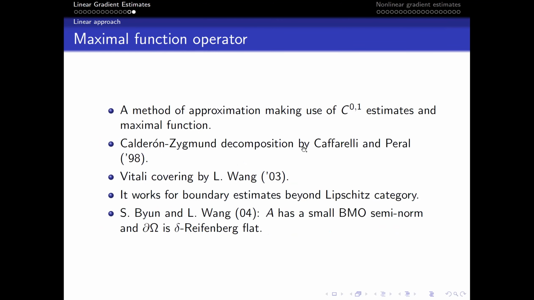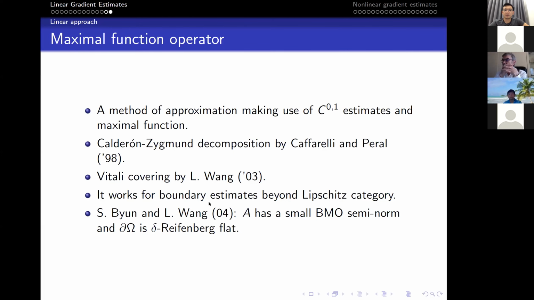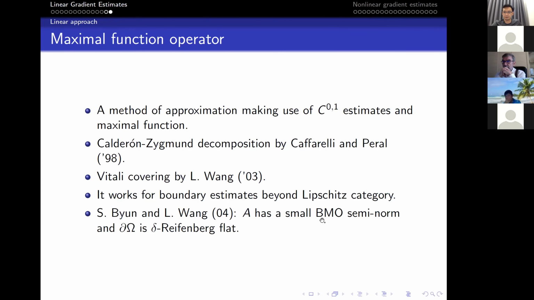This approach was introduced by Caffarelli and Peral in 98. It works for boundary estimates beyond the Lipschitz category. By using the BMO space and the maximal functions, we are able to prove the L^p estimate under the assumption that the coefficient has a small BMO semi-norm and the boundary of the domain is sufficiently flat.